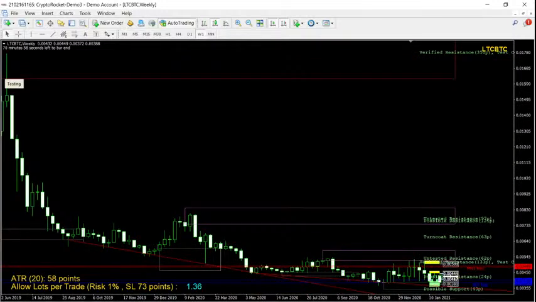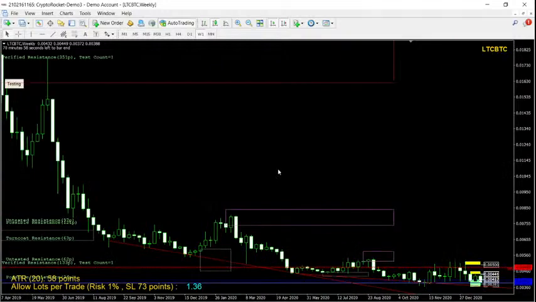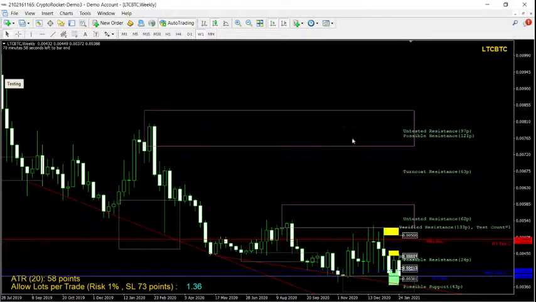This is the Litecoin Bitcoin ratio, and this was a good example of divergence. This is the weekly chart, and I've been watching this. This is an example of hidden bearish or hidden bullish divergence, and how I look at it without indicators is I set up a trend line. This is the proper use of trend lines.